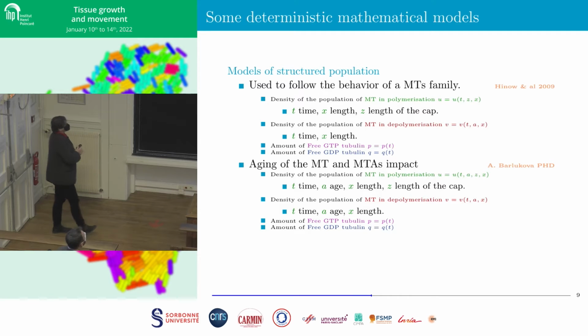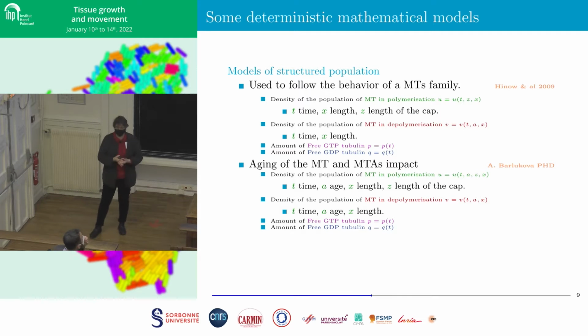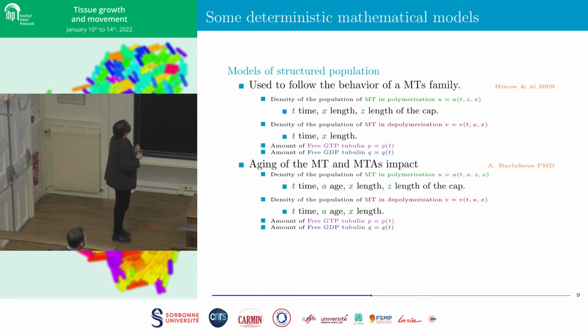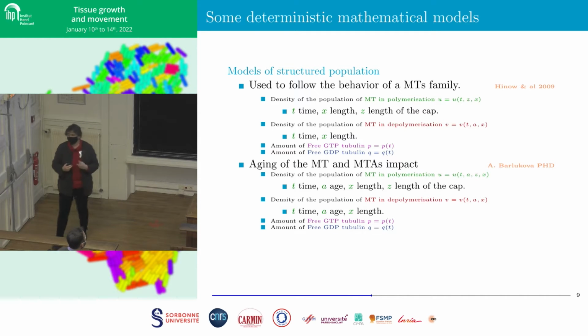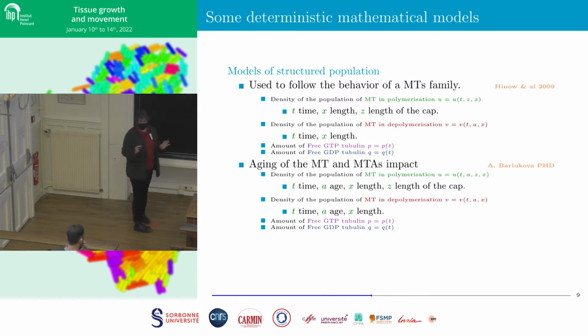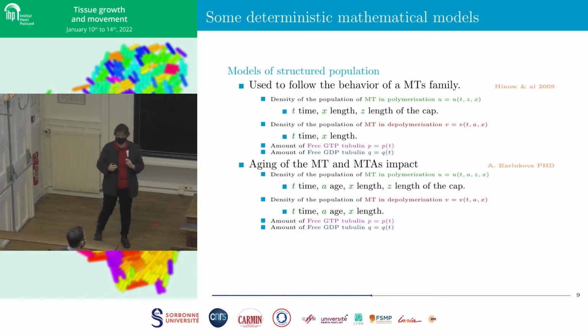We started from a work from Ino and his collaborators that was proposed in 2009. The model was constructed thanks to structured population models, a coupling between two structured equations and two ODEs. The population of tubulin was split in four: the microtubule in polymerization, the microtubule in depolymerization, and the free GTP and free GDP.